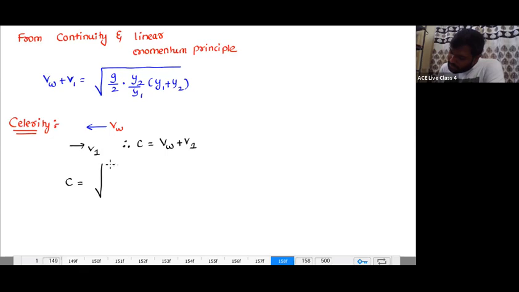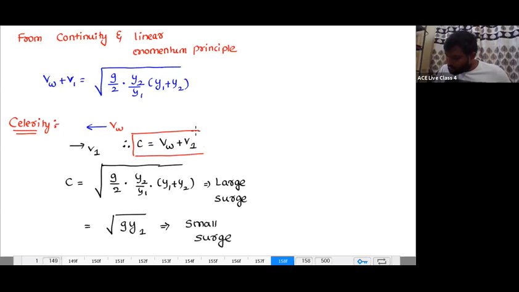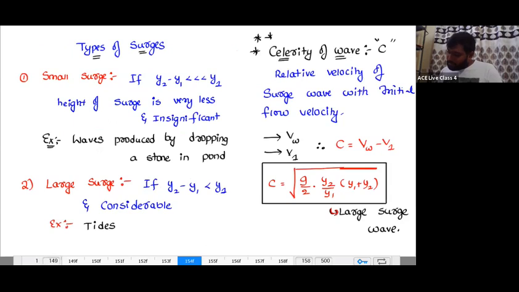So again, you know that C is equal to root of (G by 2 into Y2 by Y1 into (Y1 plus Y2)). This is for the large surge, and root of GY1, this is for the small surge. What is the only change that you are observing? In the case of the positive surge moving downstream, what is the celerity?